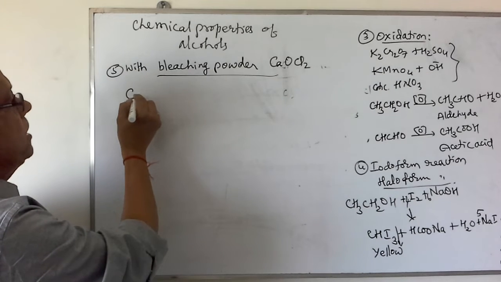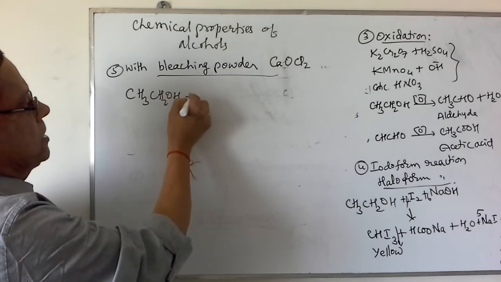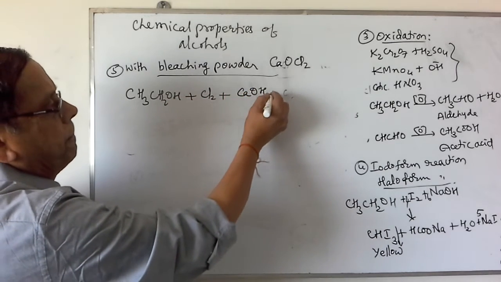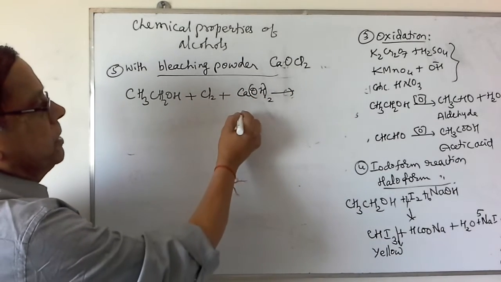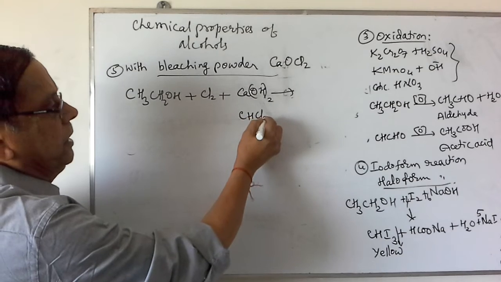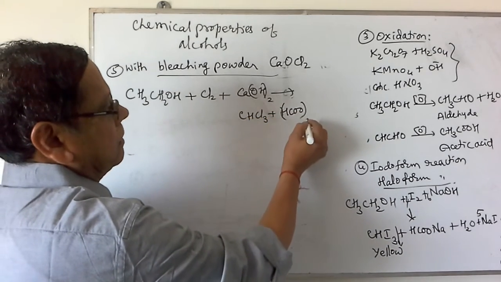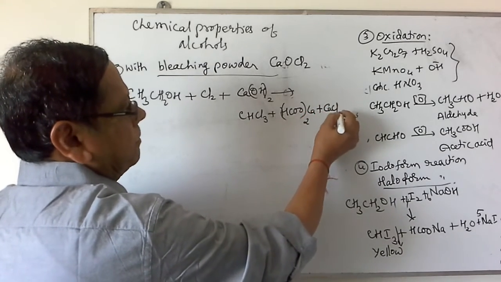So we can write the reaction as CH3CH2OH plus Cl2 plus calcium hydroxide, Ca(OH)2. It will form CHCl3 plus (HCOO)2Ca along with the formation of calcium chloride.